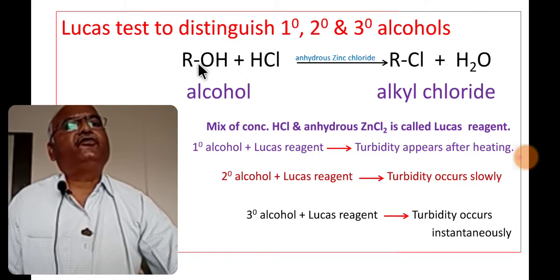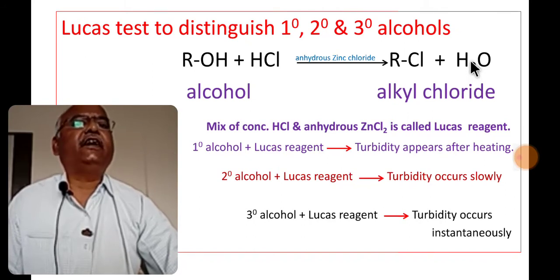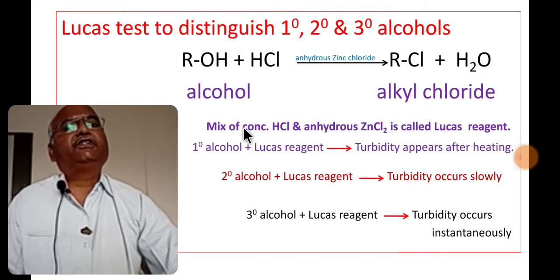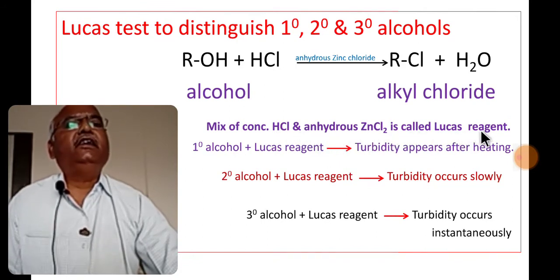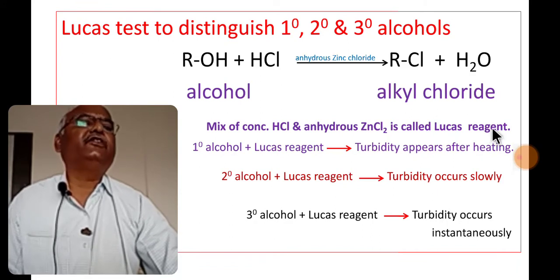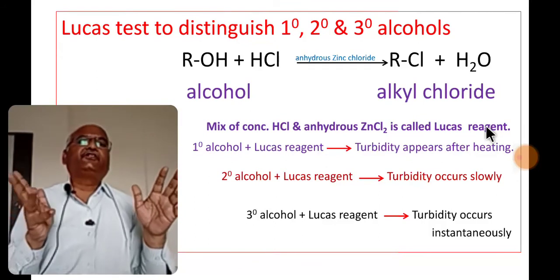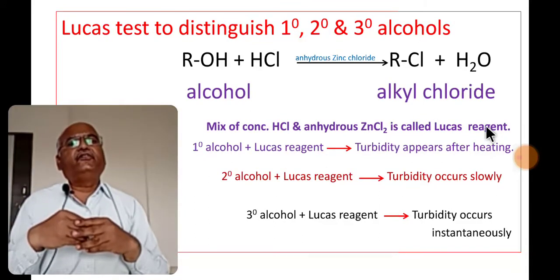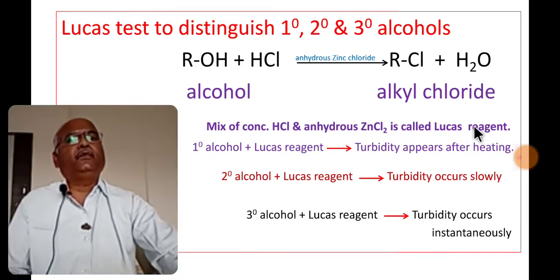H combines with OH and H2O is formed as side product. A mixture of concentrated HCl and anhydrous zinc chloride is called Lucas reagent. So remember, Lucas reagent is the mixture of anhydrous zinc chloride and concentrated HCl.